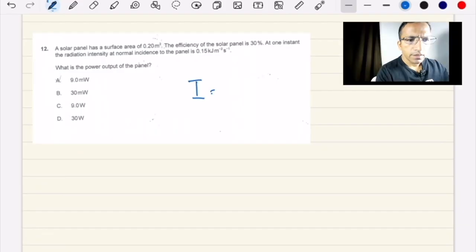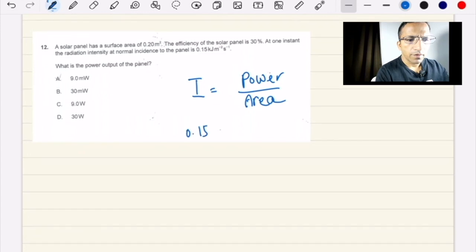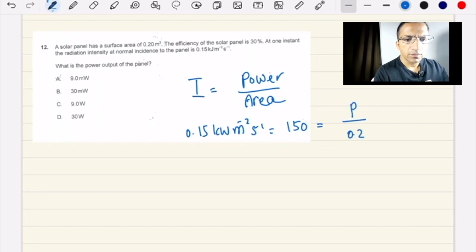Intensity is power divided by area, right? Here, intensity is 0.15 kilowatt per meter squared per second. So we can take it as 150 in watt equals power divided by area, which is 0.2. So power will be 30 watt.